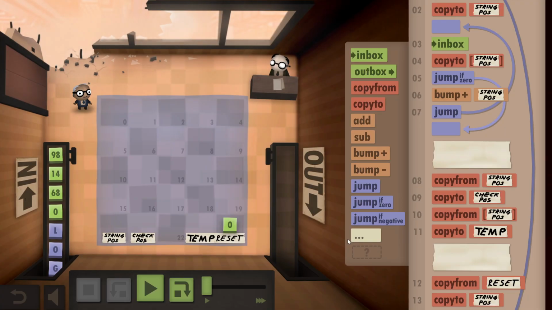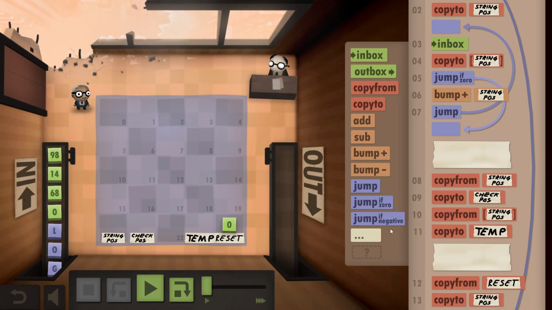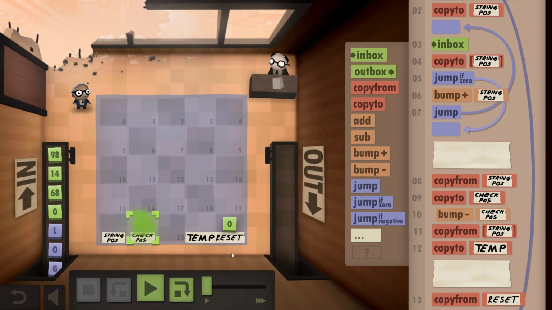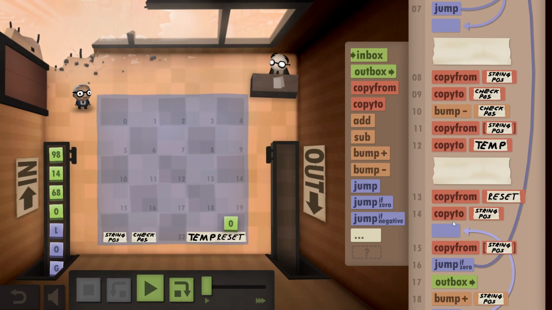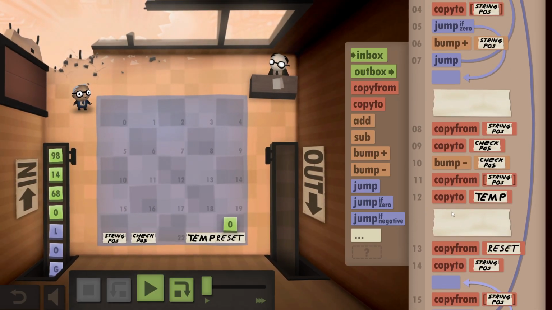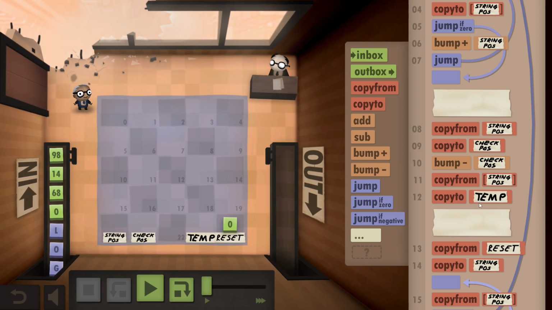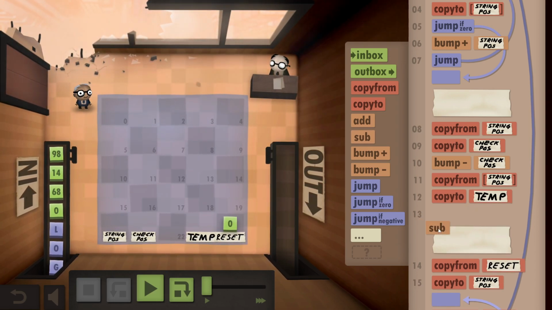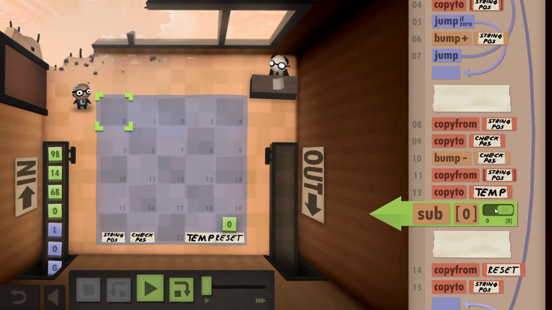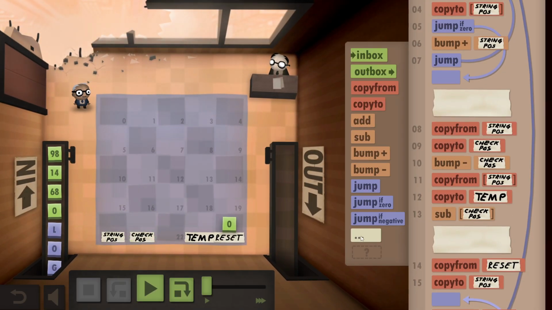Right? And then we bump minus checking position, but we might not do it there. Okay. We place this in a temp. And then we sub from checking position.